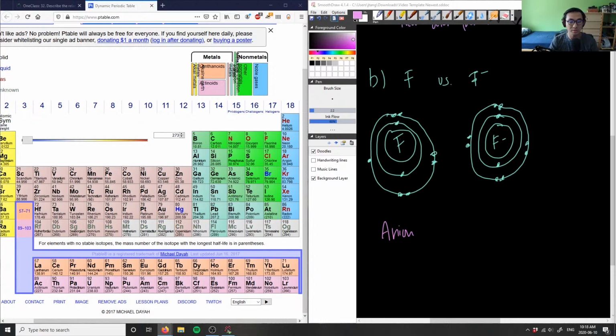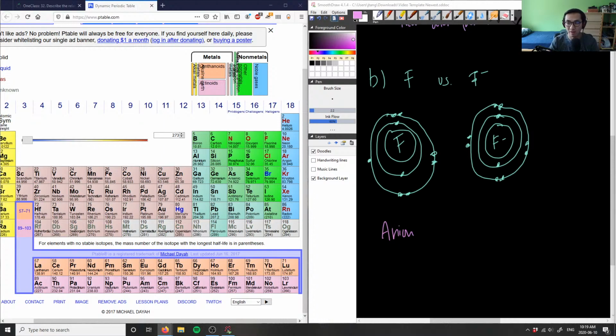The first shell is full, whereas the second shell is close to full, very close to full. It's 1 electron short. And for F minus, we also have 2 shells, except the difference is the second shell is actually full as well.